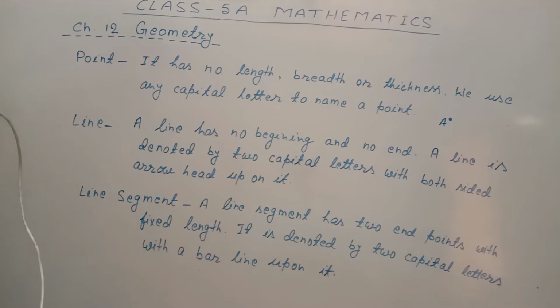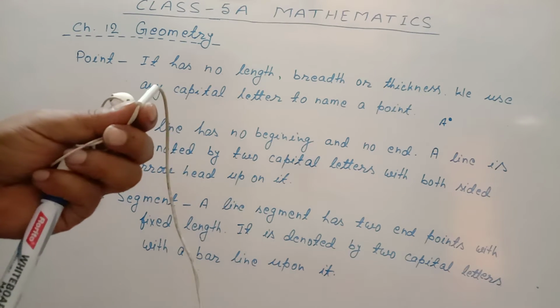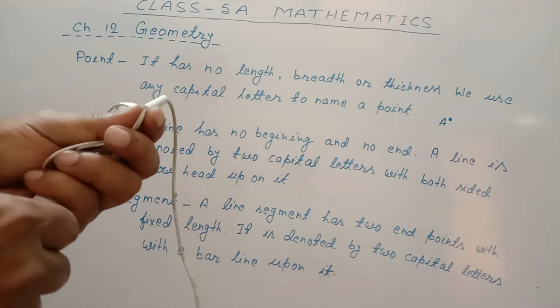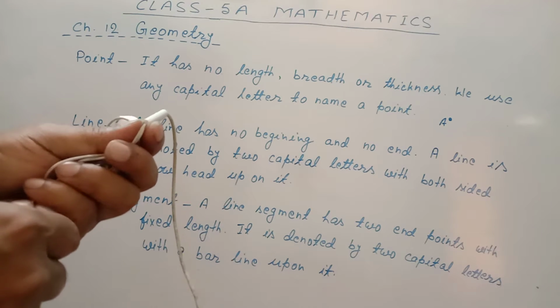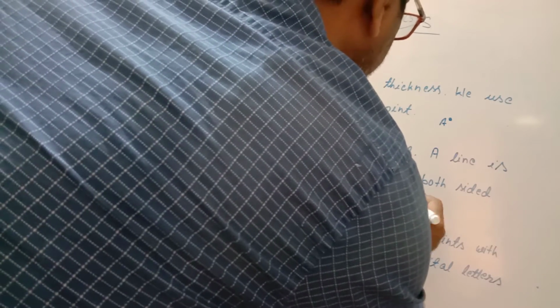Number two, line. A line has no beginning and no end. Means from where it starts and where it will end, there is no fixed point. So we draw this with the arrowhead, and under this we can give these 2 points.